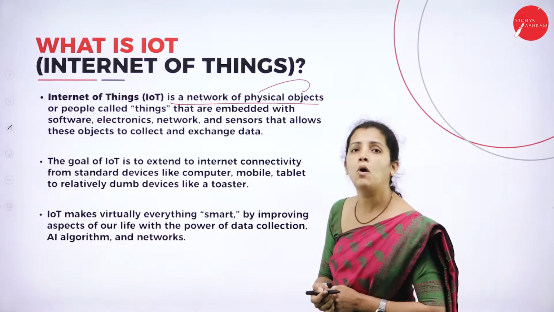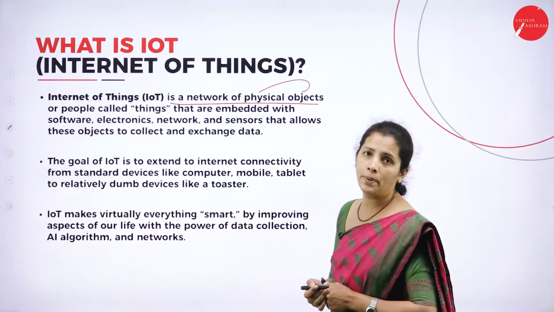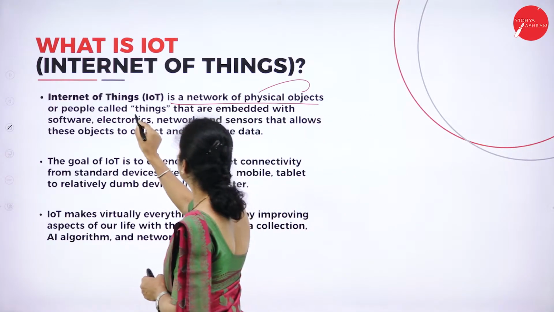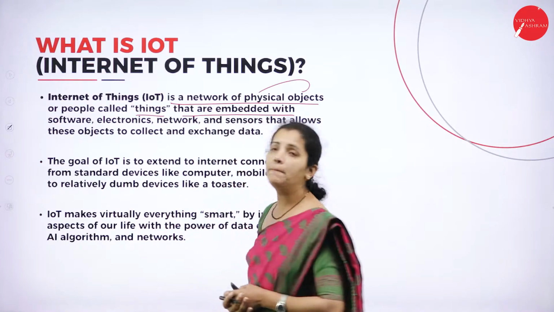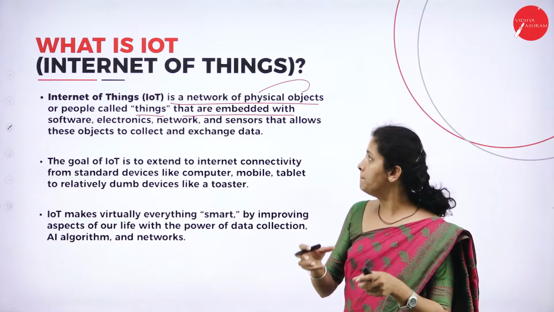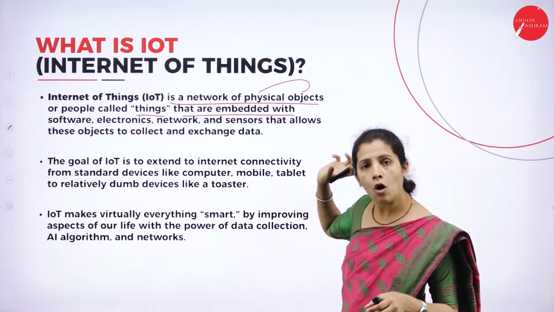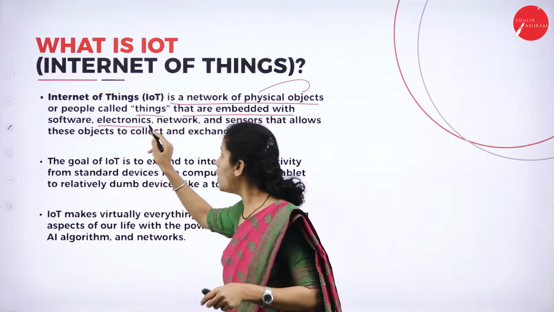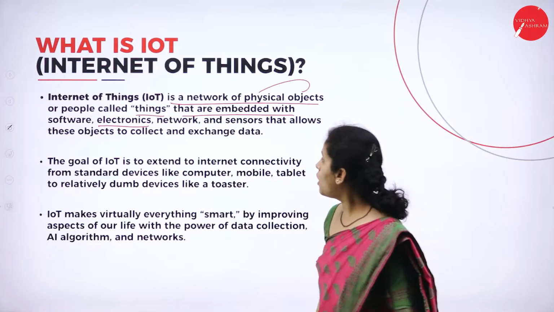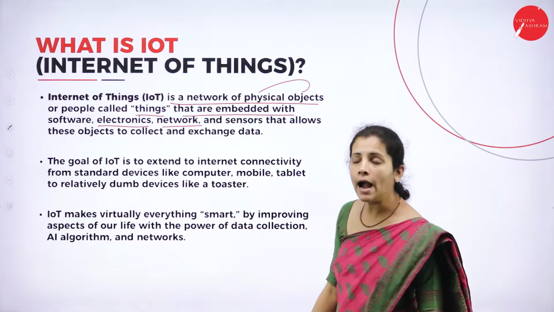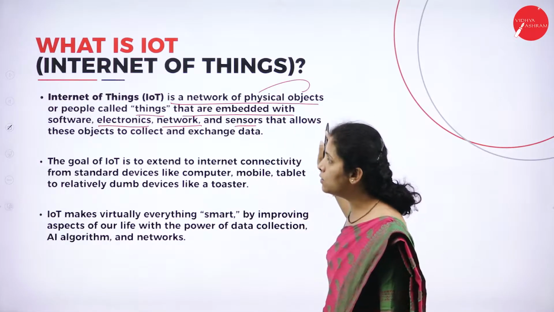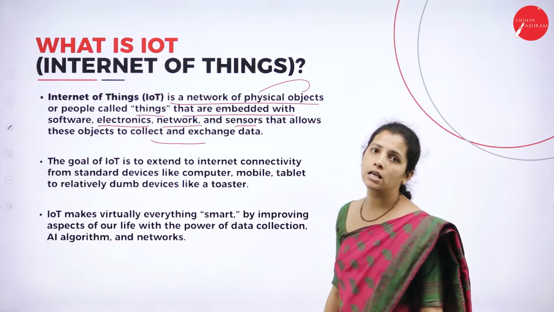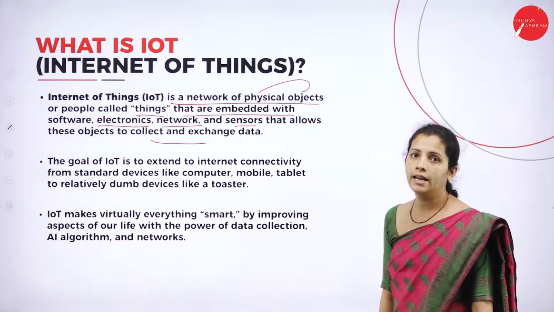That is nothing but all the devices or people, called things, that are embedded with software, electronics, network and sensors that allow these objects to collect the data as well as exchange the data.